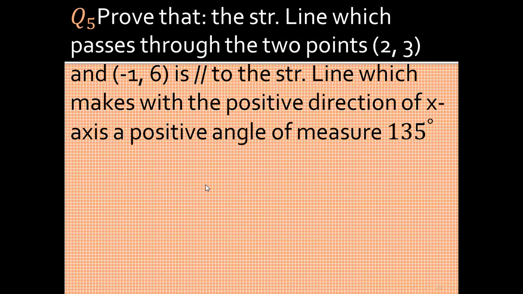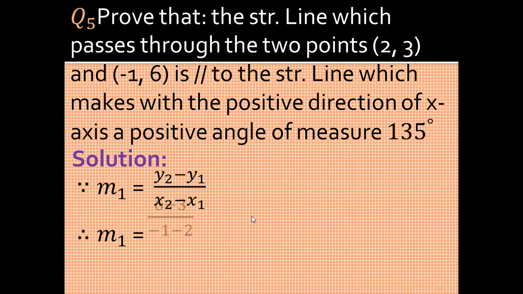If we need to find the slope of the straight line which passes through the two points (2, 3) and (-1, 6), we can write the rule of the slope. We know that the slope equals the difference between y coordinates over the difference between x coordinates.